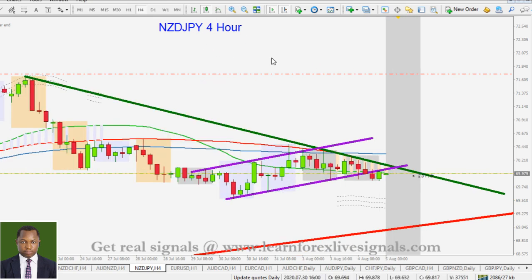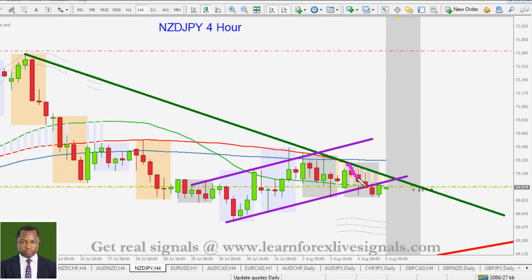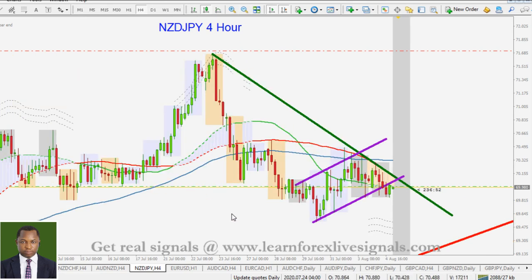Again, if you zoom in, you will see that we got that ugly tiny breakout, no momentum. The last candle is more of a pullback, then we expect to see price drop back down. So let's just give this trade a little room, be patient. Hopefully we will see price move in our direction.